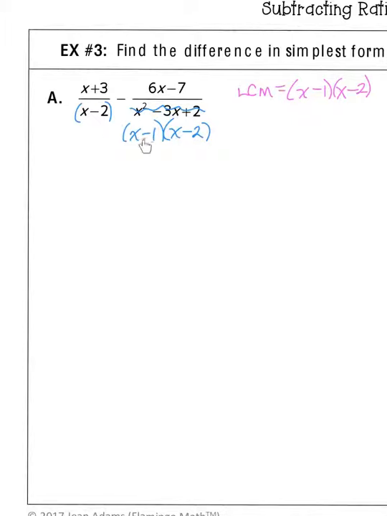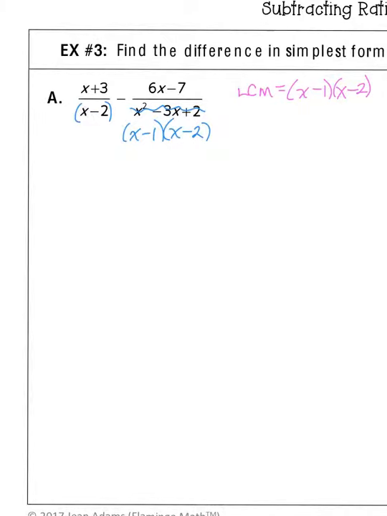Out of these three factors, these are the only different two. Which one has the most x minus 1s? This is the only one, and it only has 1, so only 1 goes in my LCD. Which one has the most x minus 2s? They both have an x minus 2, and the most that they both have is 1, so only 1 goes in my LCM.